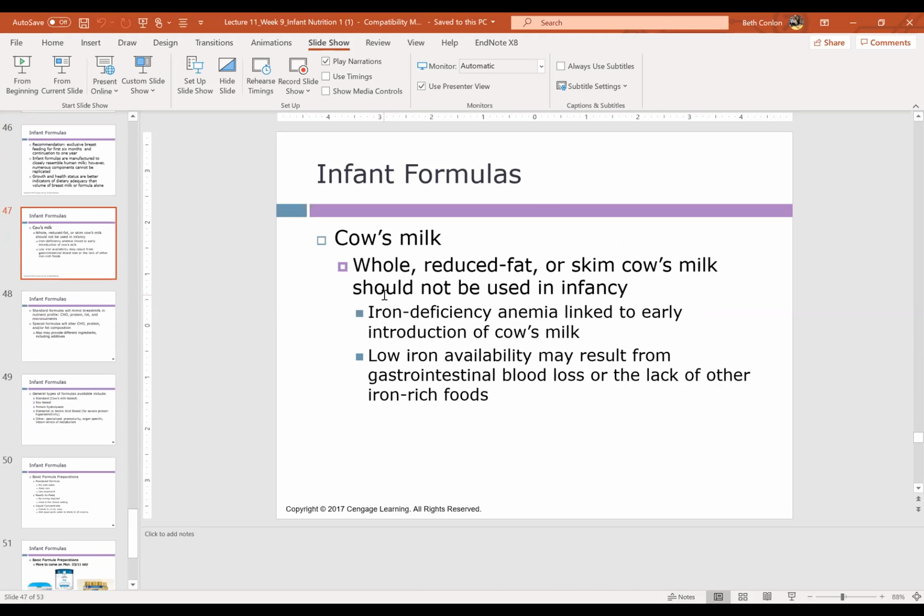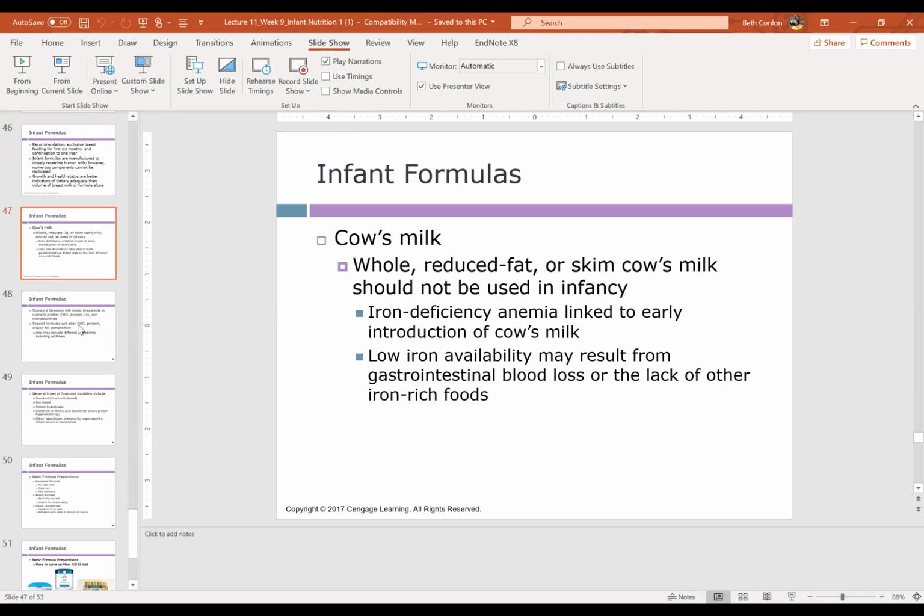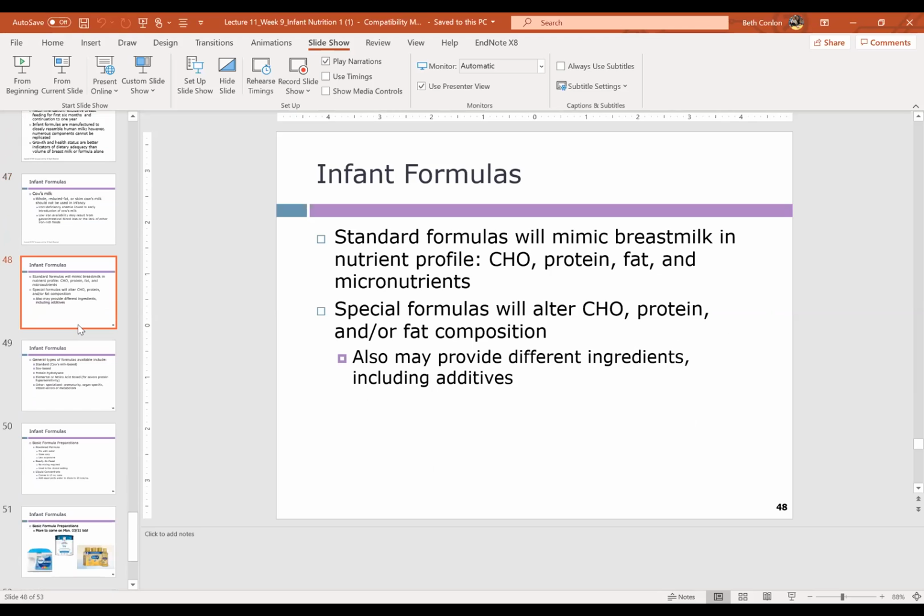So you shouldn't give cow's milk before age 1, because it's associated with increased risk of iron deficiency. And because milk has low iron availability, this can actually result in a GI blood loss. So that's one reason cow's milk is not recommended in infancy.